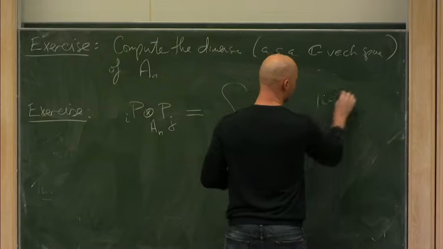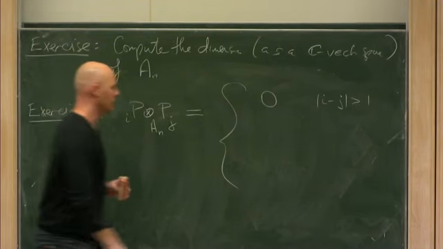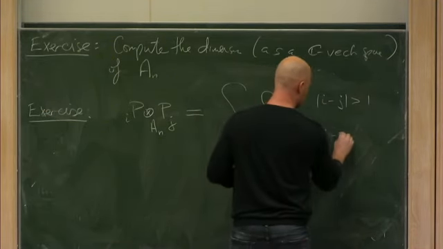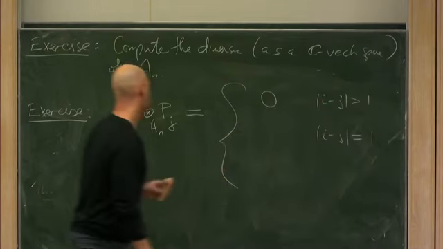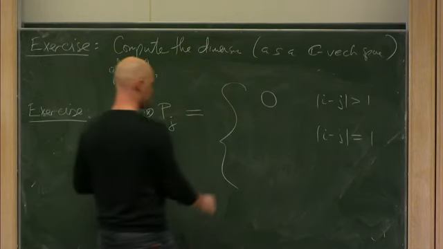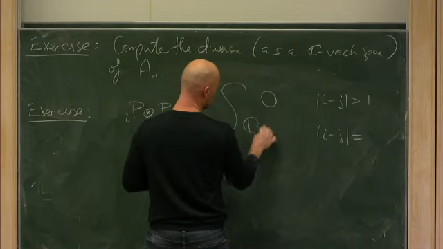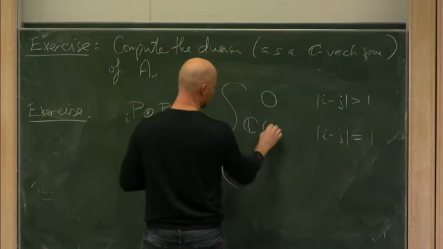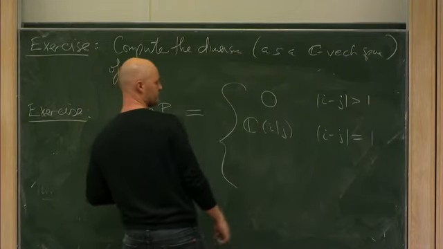When i and j are far apart, this is just 0. When i and j are neighbors, this is a one-dimensional vector space, and it has a canonical basis given by the unique path from i to j.